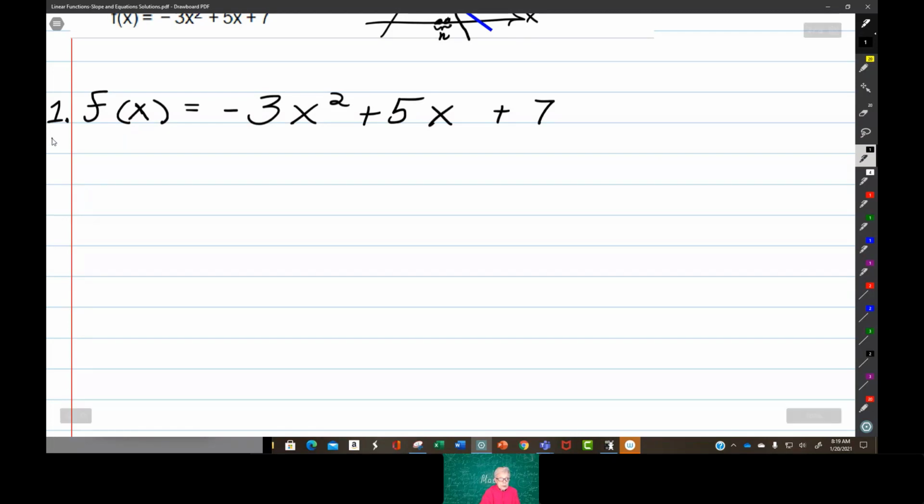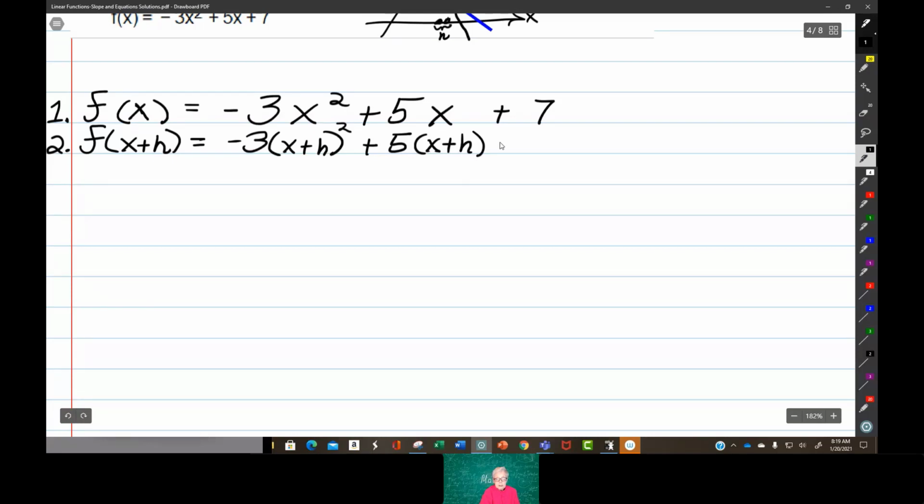Variables are just placeholders. Step 2, f of x plus h equals negative 3 times x plus h squared plus 5 times x plus h plus 7.